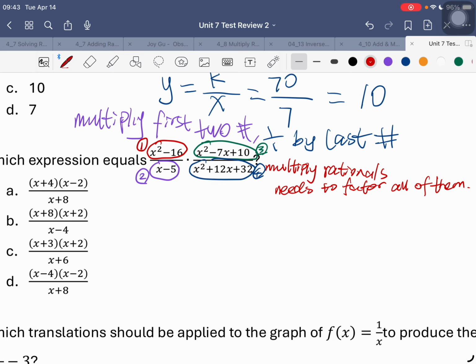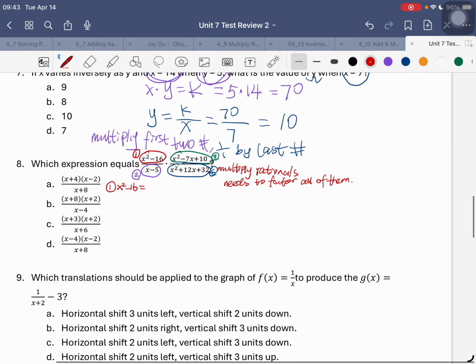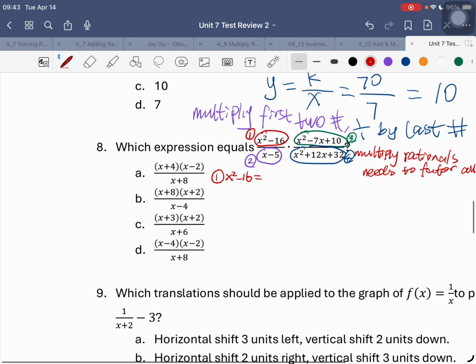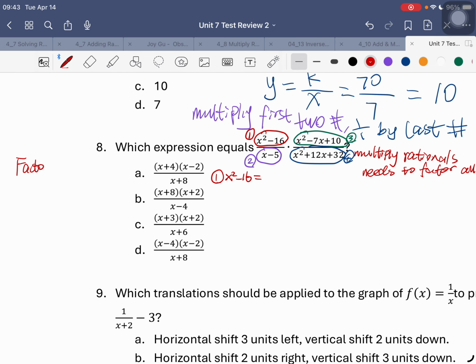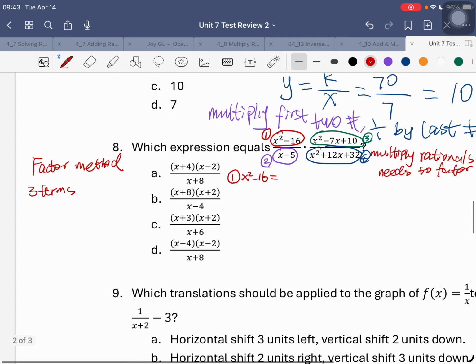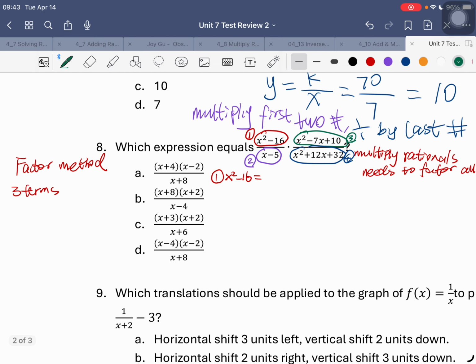Let's factor 1. Okay, 1 is x squared minus 16. What method do I use to factor? There's 3 methods. If we see 3 terms, we use the x method.